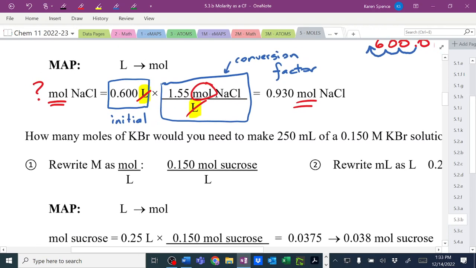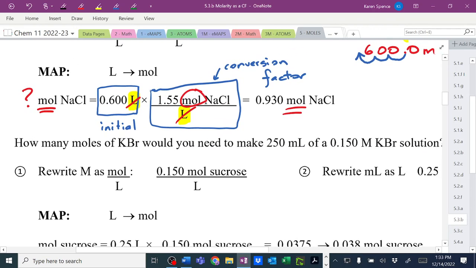Okay, example number 2. How many moles of KBr, so that is our unknown, would you need to make 250 milliliters of 0.150 molar KBr? What is our initial quantity in this question?